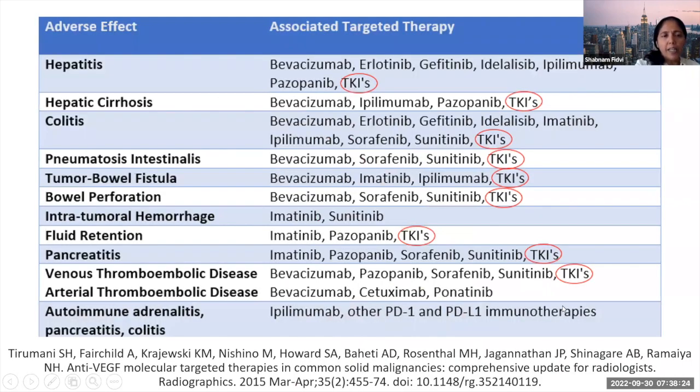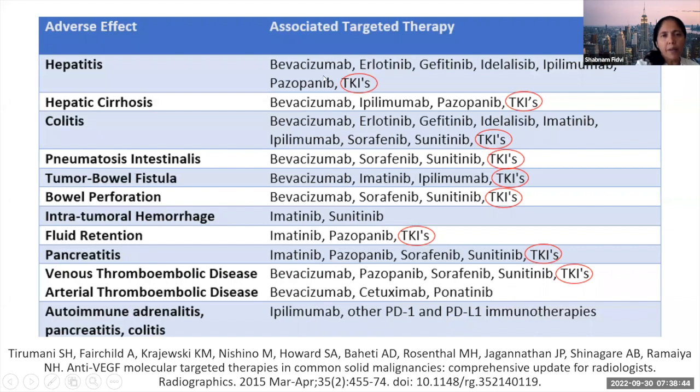This is a chart from Radiographics in 2015 showing adverse effects associated with the various forms of therapy, and you'll see that there's some repeat offenders which can cause multiple adverse effects.